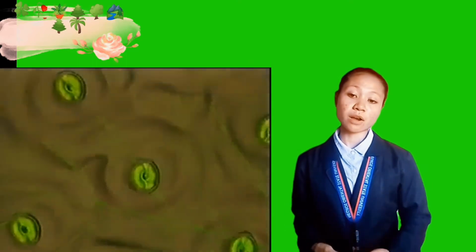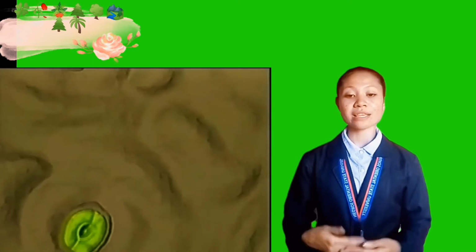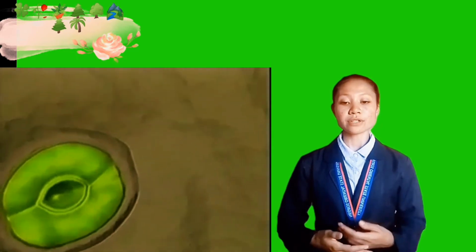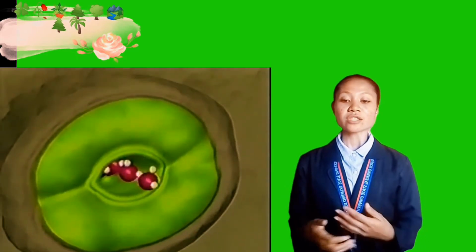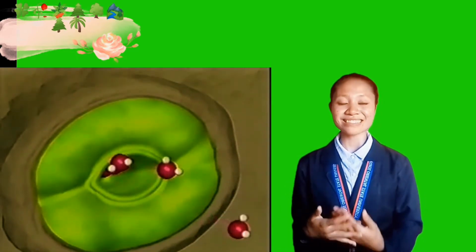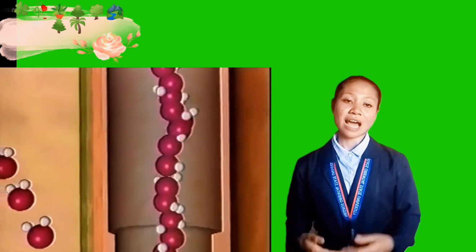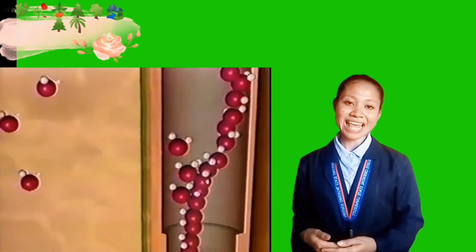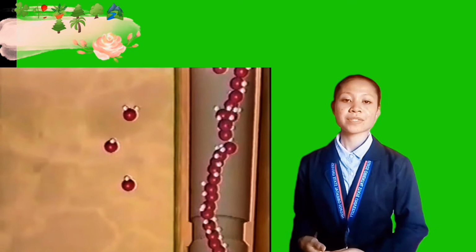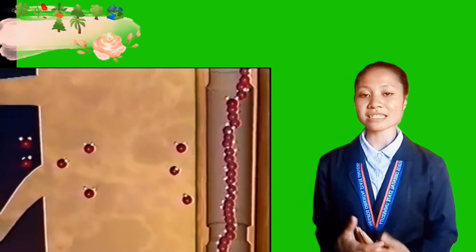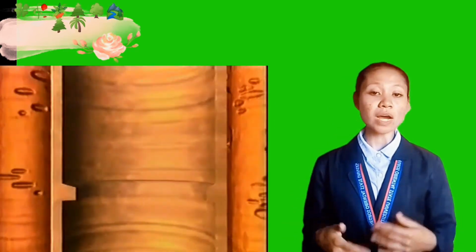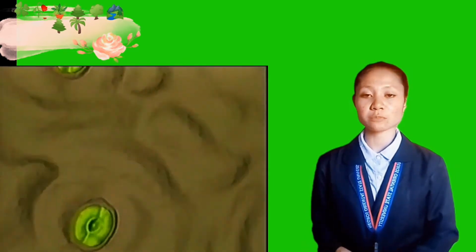And also water molecules move from the soil into living cells of the roots and eventually into the transport cells of the xylem, known as tracheids and vessel elements. These xylem cells are dead and hollow, allowing rapid water transport.